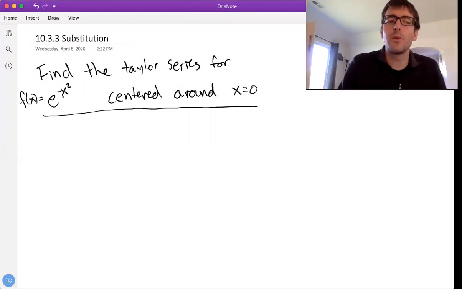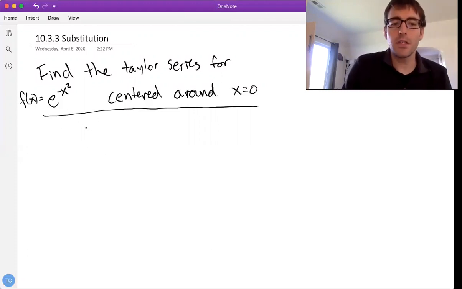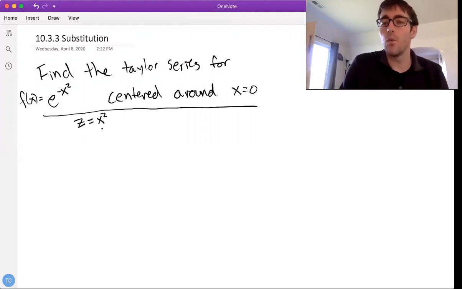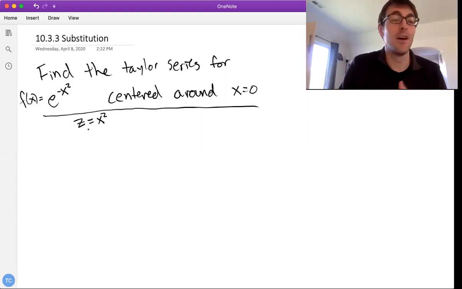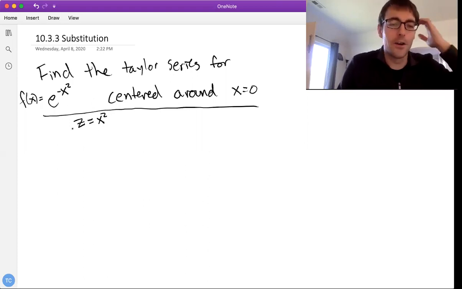So to do the substitution, we want to reformat this, or substitute something into our e to the x function. So I'm going to use the letter z. You could really use any letter, y, u, v, those are commonly used substitution letters, but choose your favorite letter.